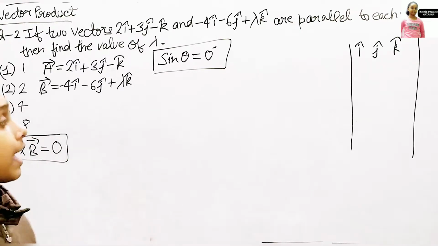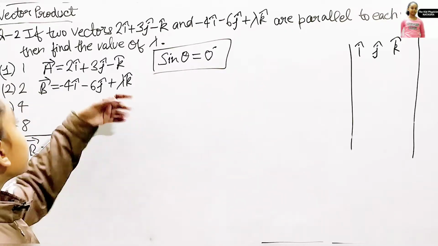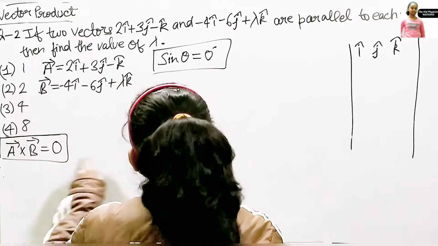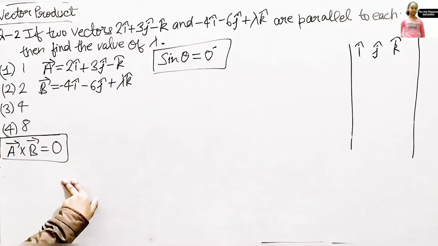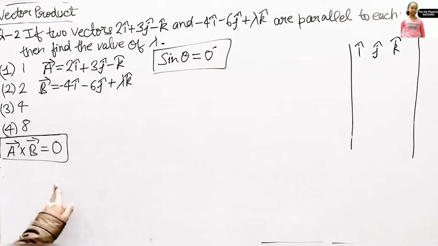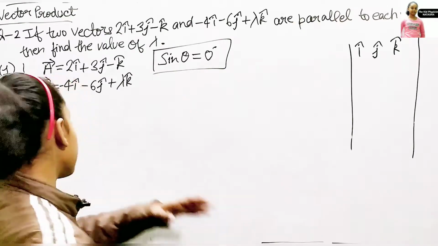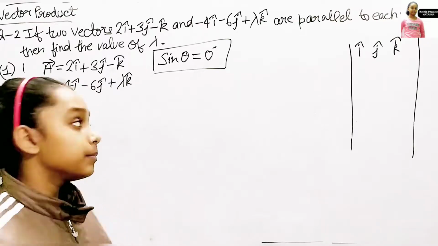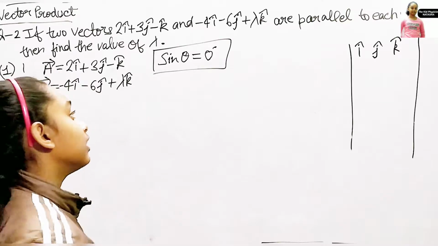In the question, we have to find the value of gamma, and suppose we also have to find the value of A cross B. In that condition, our A cross B will be 0. I've already told you in special cases, when theta is 0 degrees, the cross product of those two vectors will be 0.